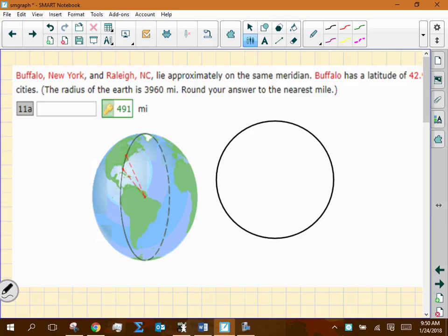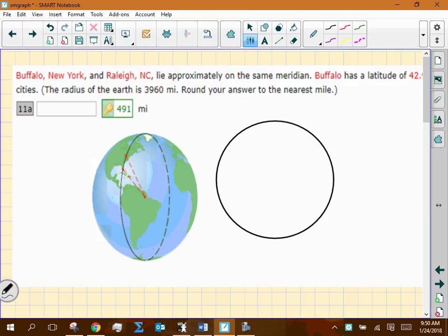What's going on here is that we've got two cities, Buffalo, New York, and Raleigh, North Carolina, and they're approximately on the same meridian. Meridians are the lines that pass through the North and South Pole, right? So every meridian passes through the North Pole, every meridian passes through the South Pole. So every meridian is what we call a great circle, okay?